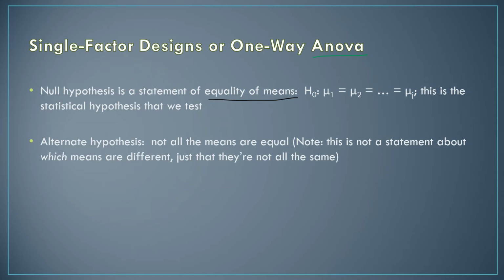So if you have three groups, at least two of those means need to be statistically significant in their difference to get a statistically significant ANOVA. But without doing further analyses, you're not going to be able to know where those differences occur.